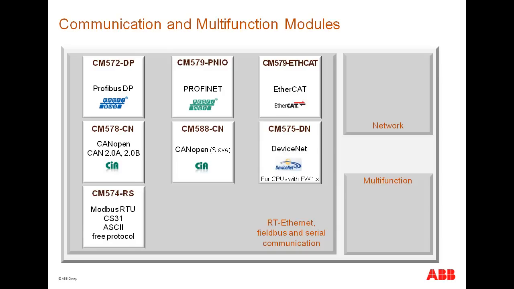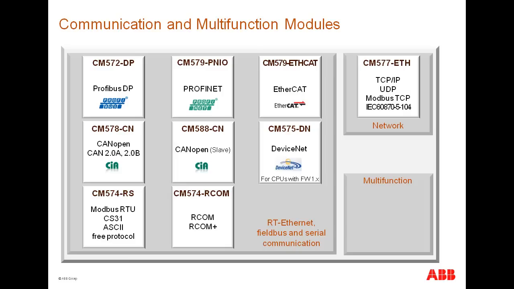CM574RS module is for realizing Modbus RTU, CS31 and ASCII protocols. And the module CM574RCOM is meant for realizing a proprietary serial Fieldbus communication from ABB called RCOM or RCOM+.